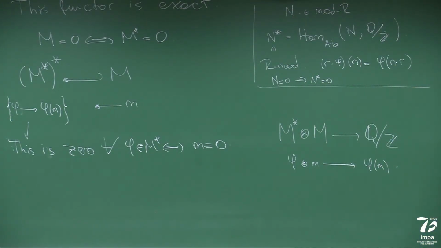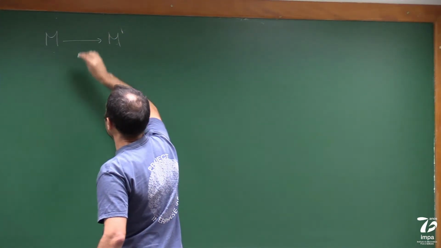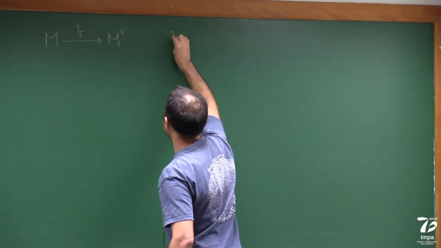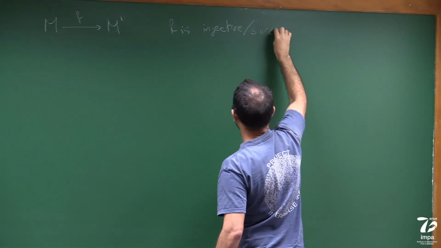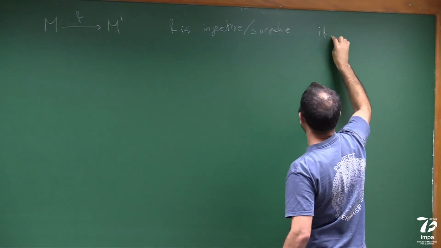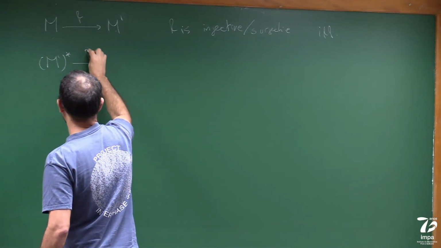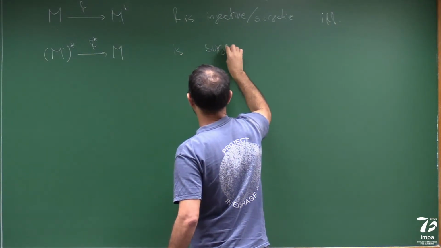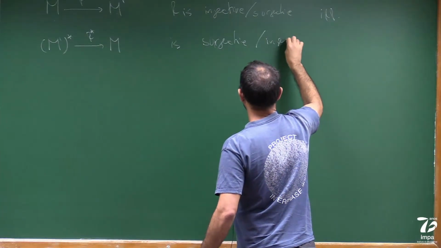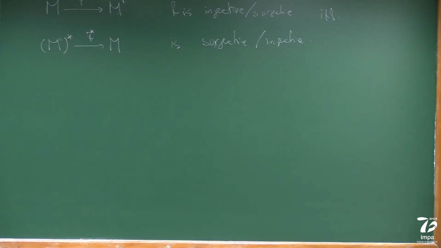And it follows from this that if you have a map, now, well, I think I've used N as a right module. So if you have an f like this, then f is injective, surjective, if and only if the transpose is surjective, injective. And one of them is trivial at the level of sets, because transpose is just composition.